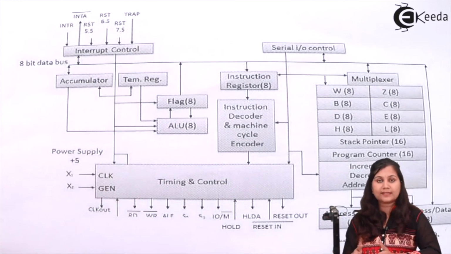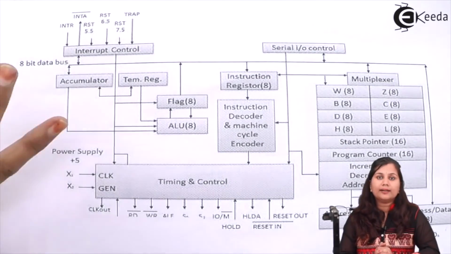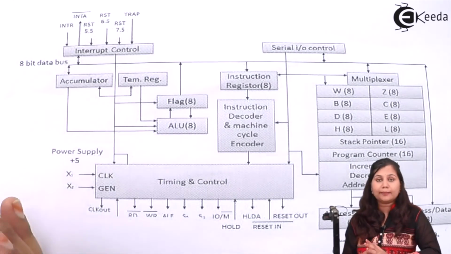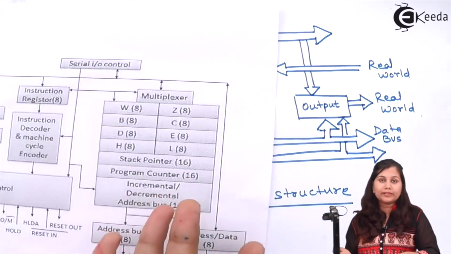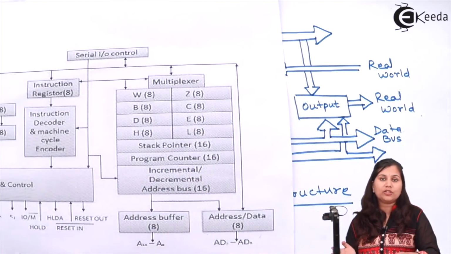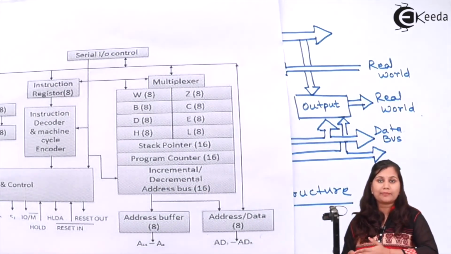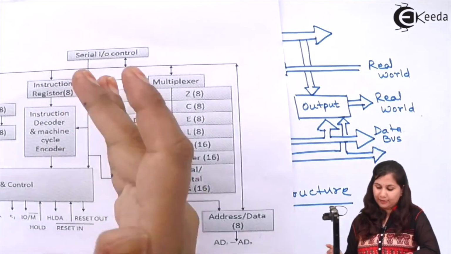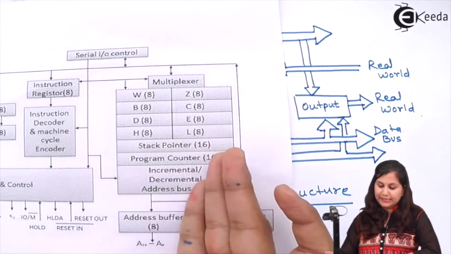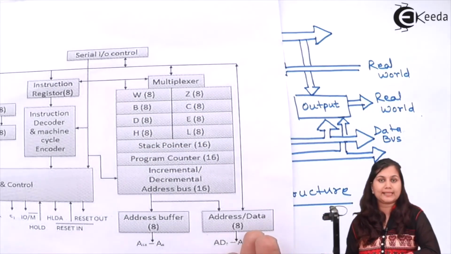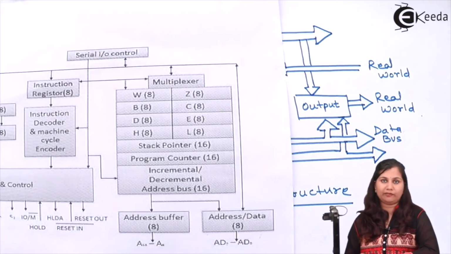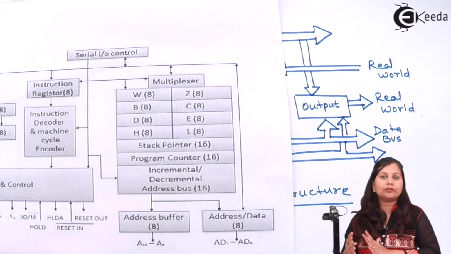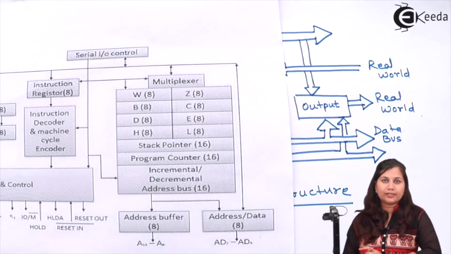The programming model shows the components of the 8085 which are used in writing programs on the microprocessor. This part, B, C, D, E, H, L, stack pointer and program counter, deals with the programming part of the 8085. So this represents the programming model of the 8085.